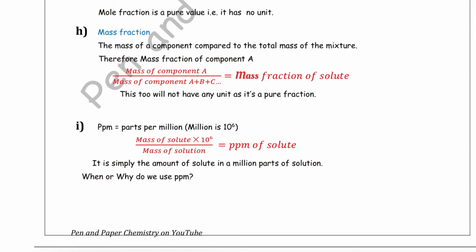To make it easy for you to remember, and if you are the one who wants to use formulas, then you have the mass of solute divided by mass of solution into 10 to the power 6 gives me ppm of solute. Okay, question. What would be ppb? Yes, absolutely right. That would be parts per billion, right? So that means multiplied by, find out, let's see.